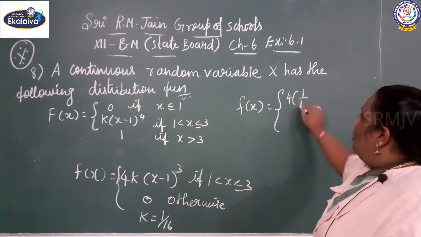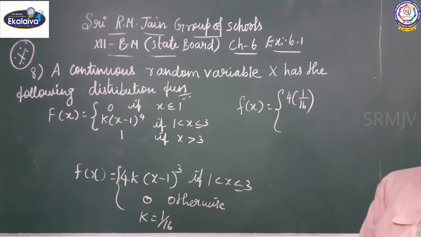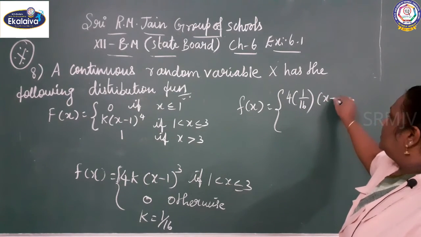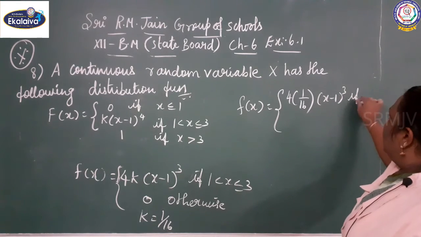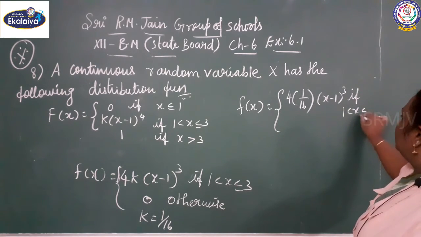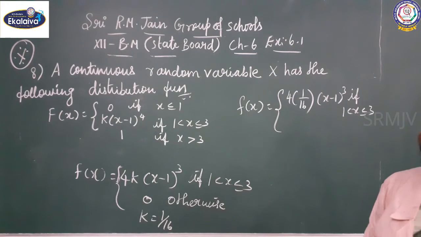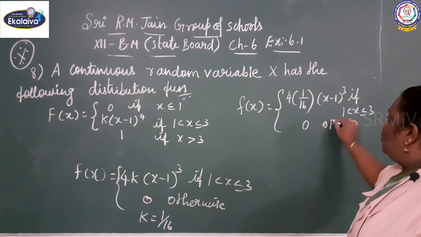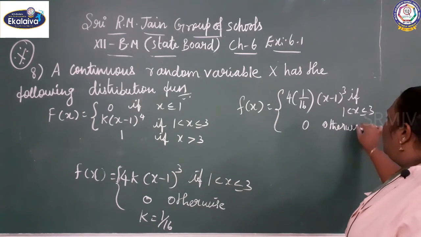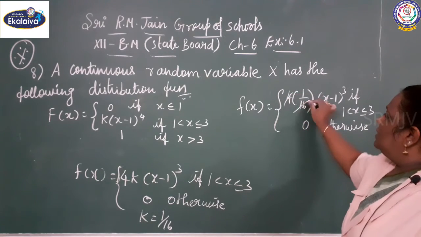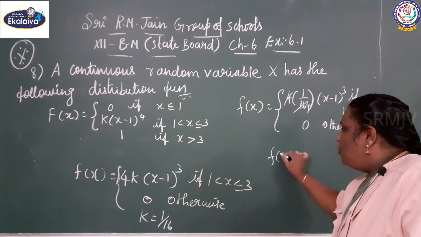4 into 1 by 16 times (x minus 1) the whole cube, if 1 less than x less than or equal to 3, 0 otherwise. So you cancel the value. What is your f of x?